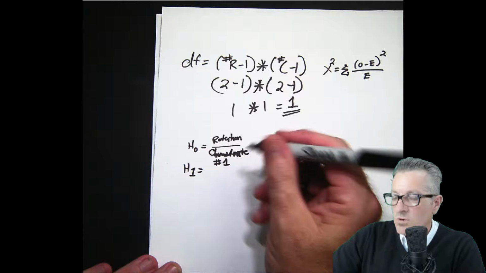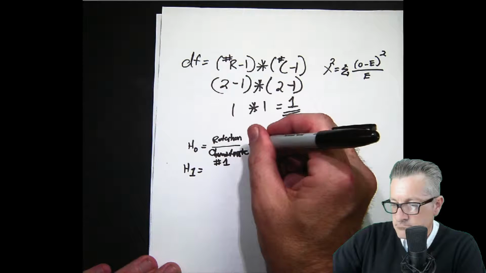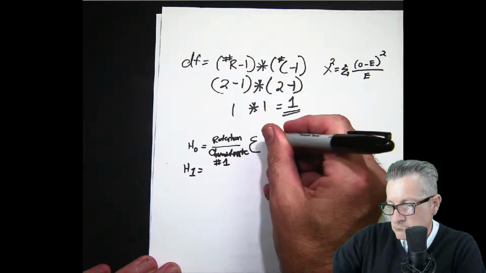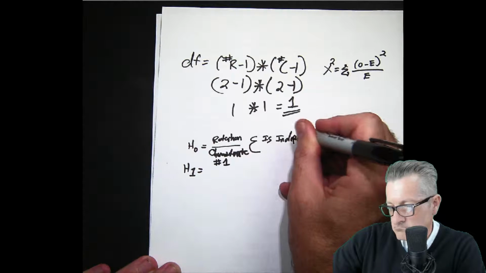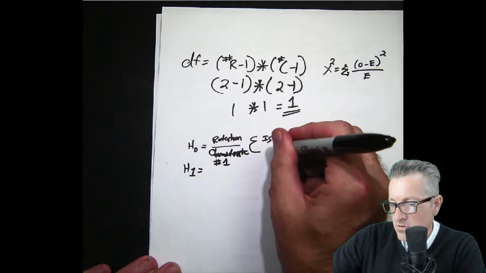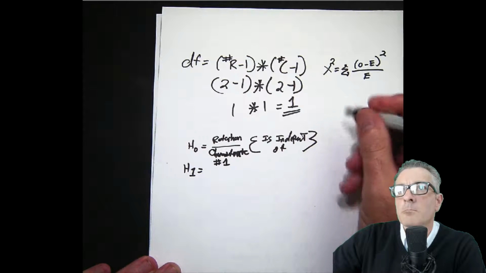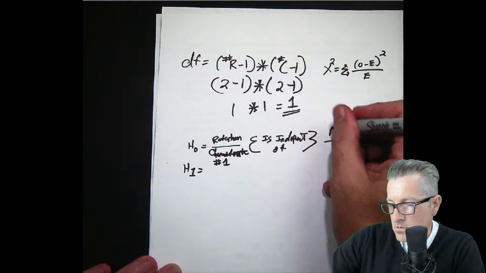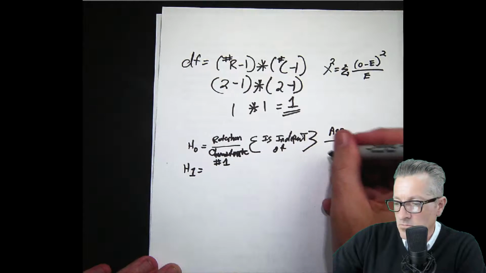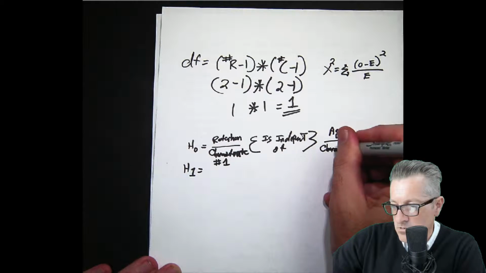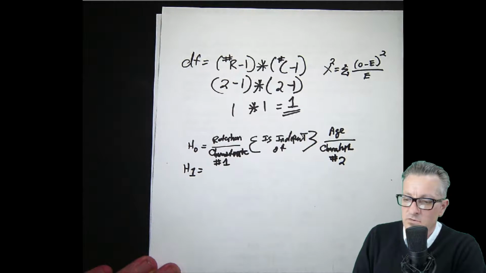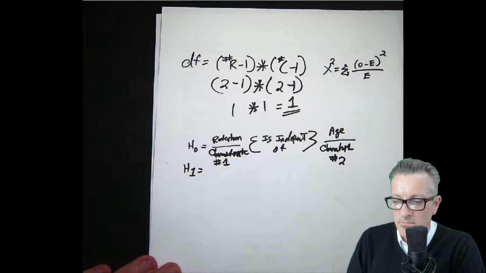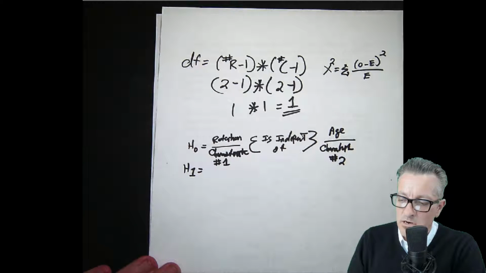Say characteristic number 1 is independent of age, and then we'll say characteristic number 2. So we have age and then retention. So it's the table that has both the horizontal characteristic and then the vertical characteristic.